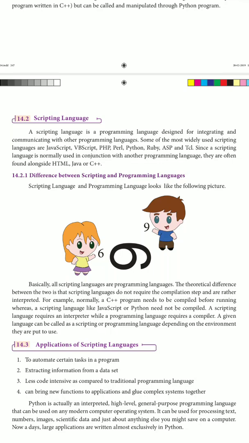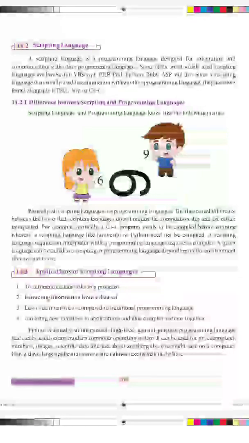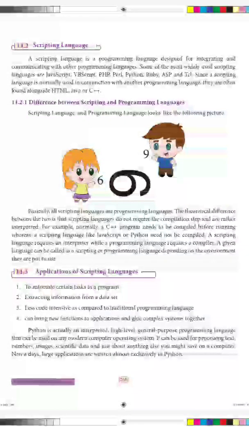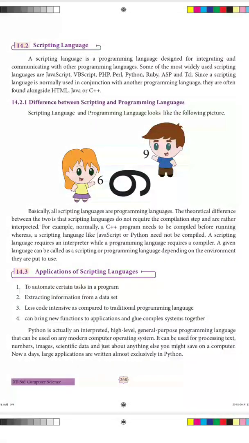Basically, for all scripting and programming languages, the theoretical difference between the two is that scripting languages do not require a compilation step and are interpreted instead. For example, a C++ program needs to be compiled before running, whereas scripting languages like JavaScript or Python need not be compiled.